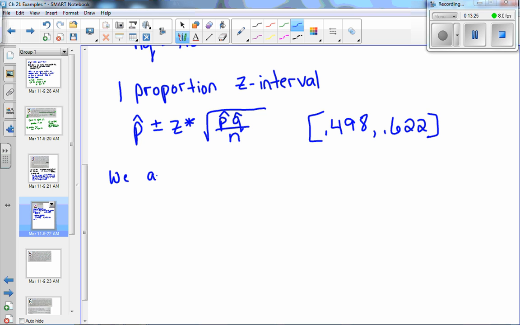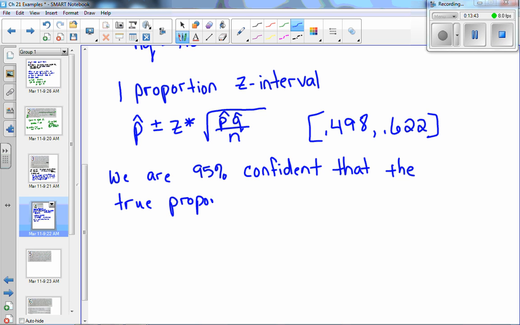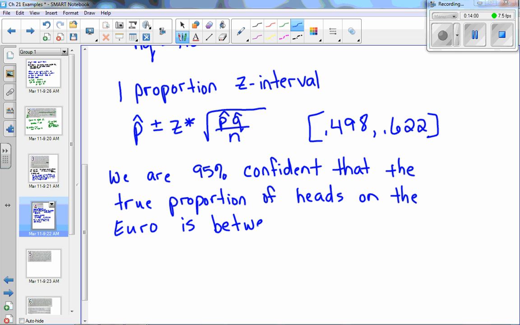We are 95% confident that the true proportion of heads on the euro is between 0.498 and 0.622.